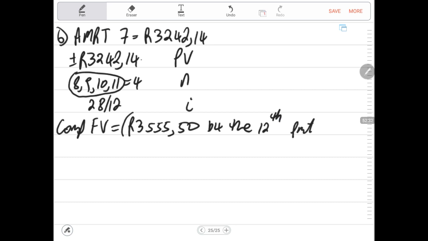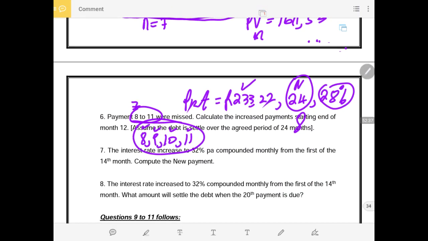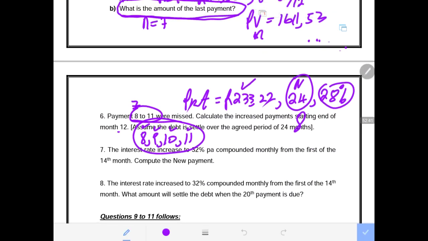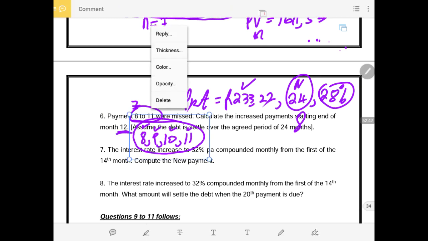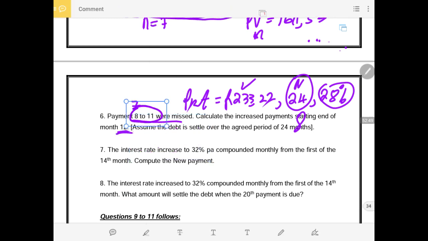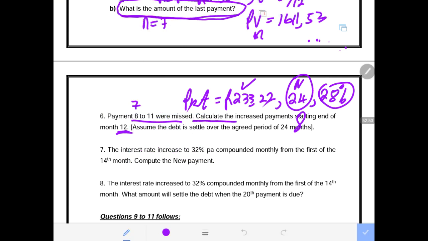Now if we have this balance, remember this person continues making payments from the 12th month. So now we need to know how much those payments will be. We are required to calculate the increased amount of the payments from month number 12 up to month number 24.